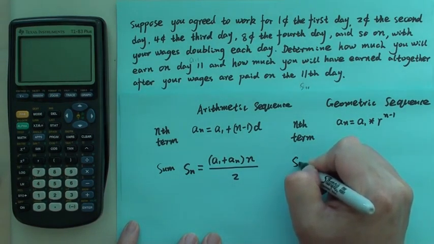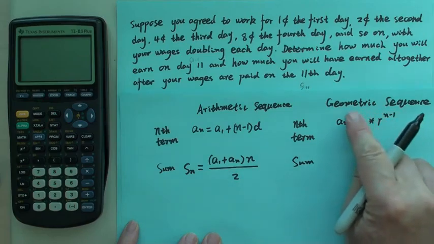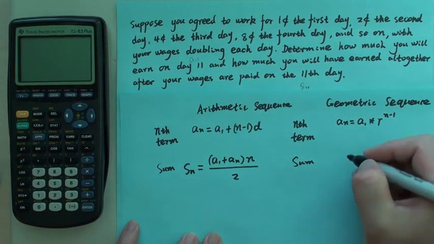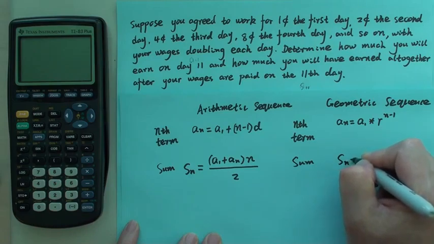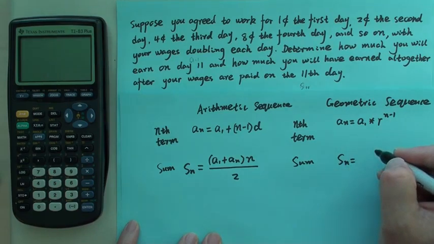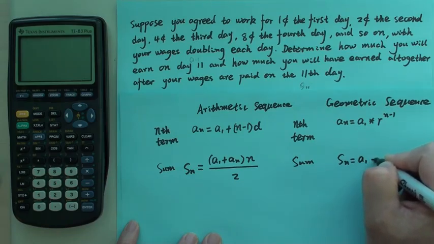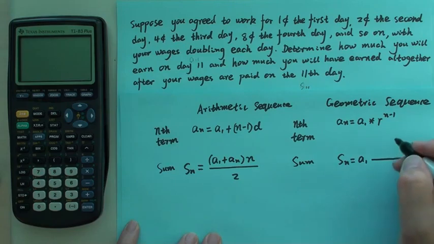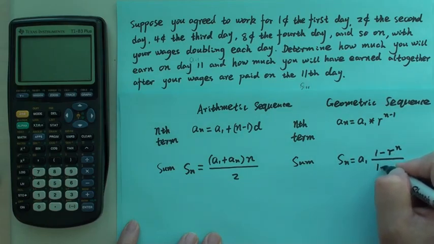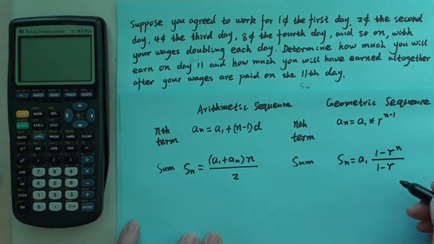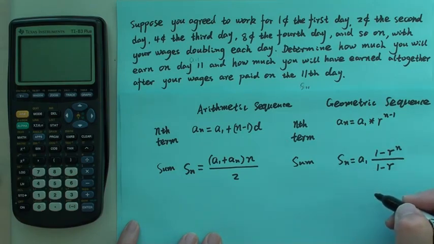But for the sum of a geometric sequence, Sn is the first term times 1 minus r to the nth, over 1 minus r. Here r is the ratio.